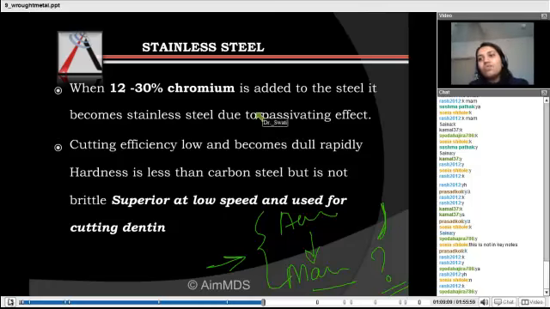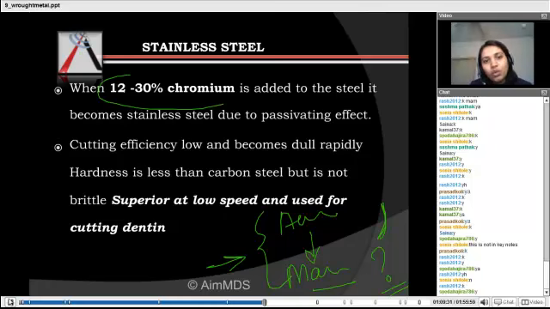So let's move on to making the steel stainless steel. Now you all know what carbon steel is, what iron carbide is, and why we have carbon in iron. Now let's make that particular iron stainless. We add chromium to it.